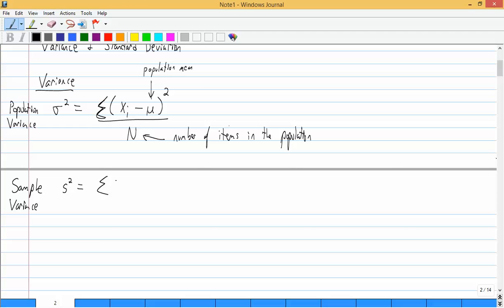That's the sum of the difference in each data item minus x bar. What is x bar? The sample mean, squared, divided by n minus 1.